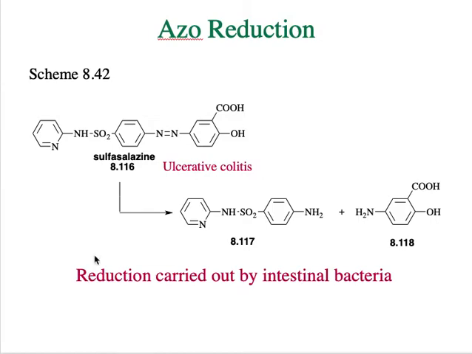Bacteria actually have some really cool nitroreductase and other nitrogen reductase enzymes. And here's an example of them using them. In this case, they have reduced this azo bond, and this is how that drug's getting metabolized.